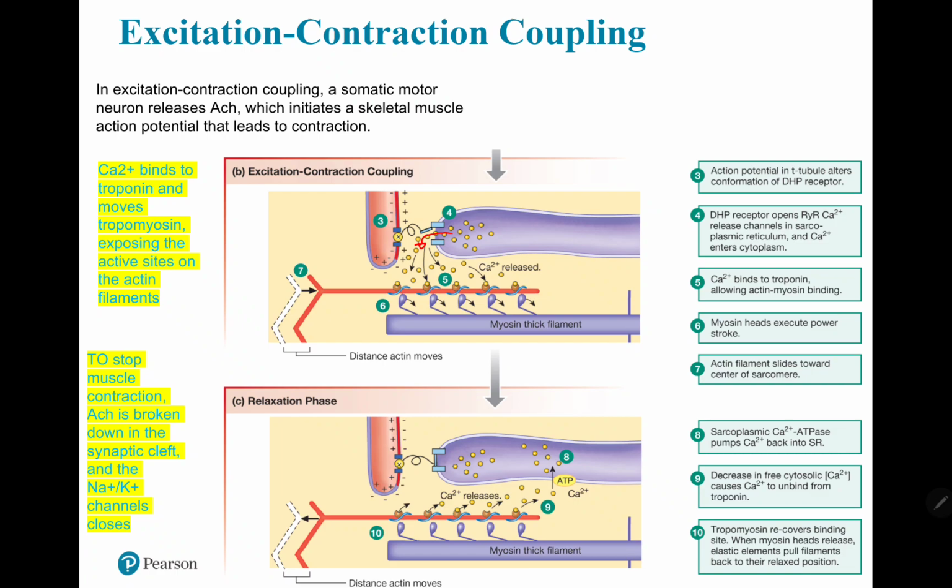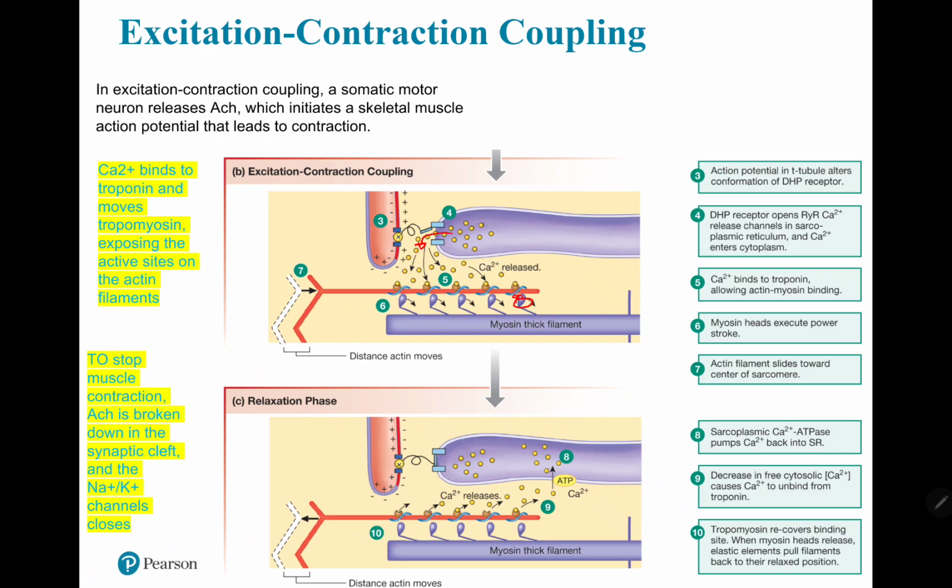Because it's physically connected to tropomyosin, tropomyosin moves out of the way, right? Remember, tropomyosin was blocking those active sites, but now it's moving out of the way, thus exposing the active sites on that actin filament. And of course, myosin wants to bind in there. Okay, and then once myosin binds in there, we have a power stroke. That's a muscle contraction, right?